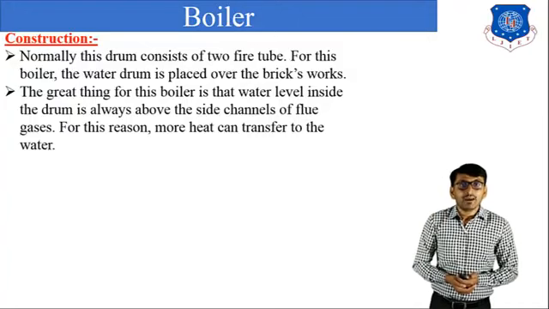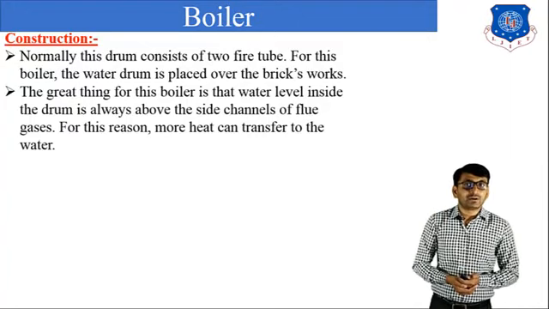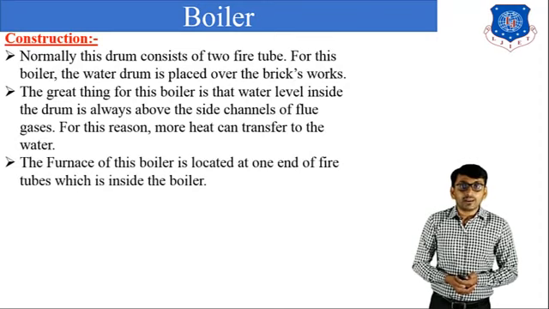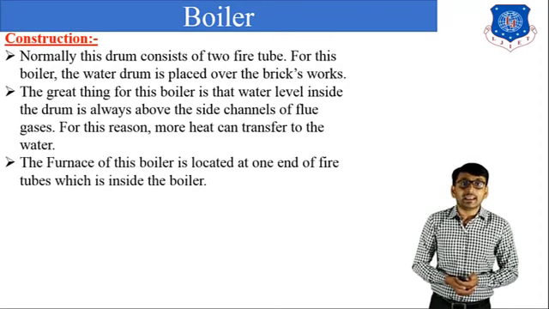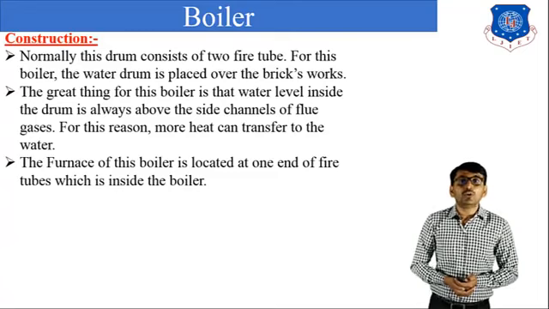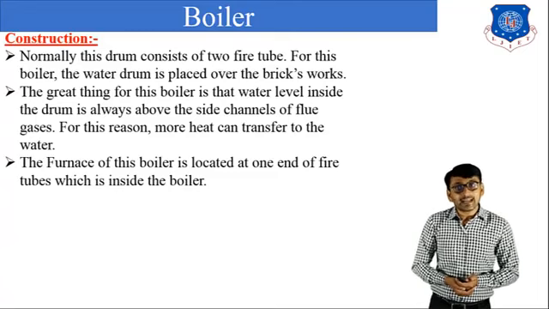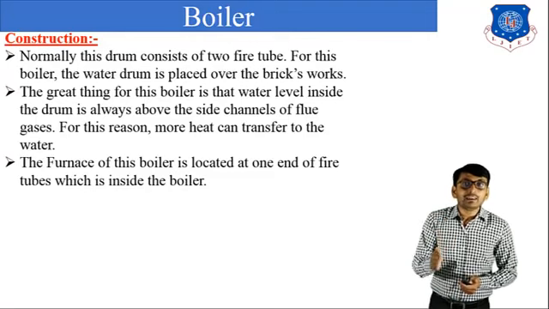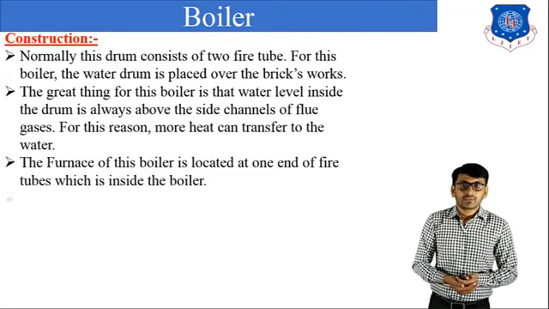For this reason, more heat can transfer to the water. The furnace of this boiler is located at the end of the fire tube, which is inside the boiler. So this boiler is an internally fired boiler.